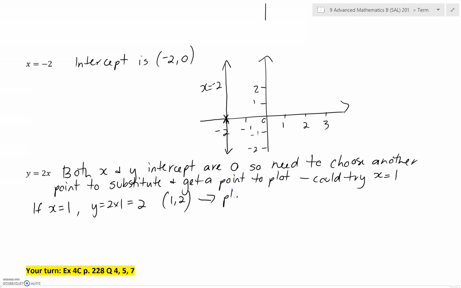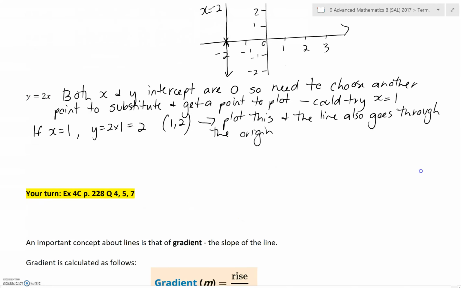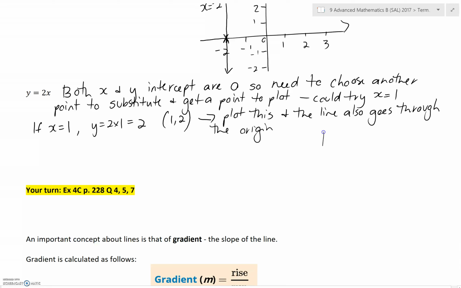What we're going to do here is plot this, and the line also goes through the origin. Okay, so let's have a go at drawing it. So again, we need some axes, y, x, 0. Now 1, 2, 3, 1, 2, 3.